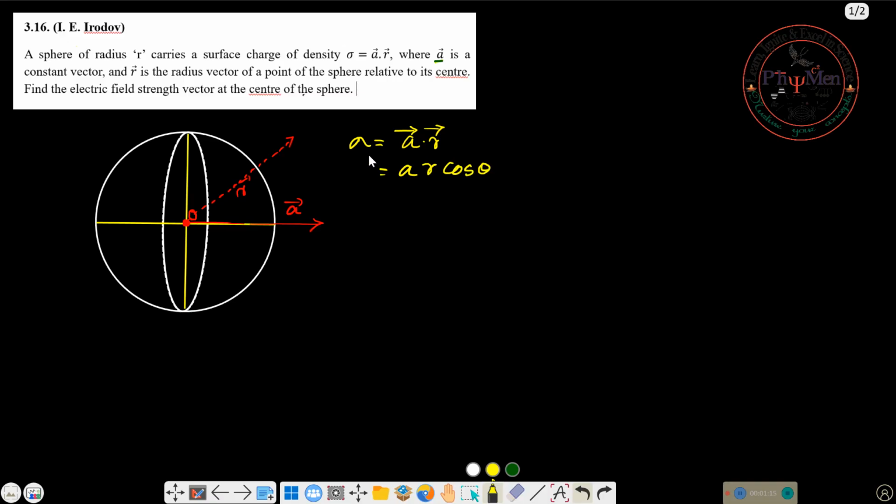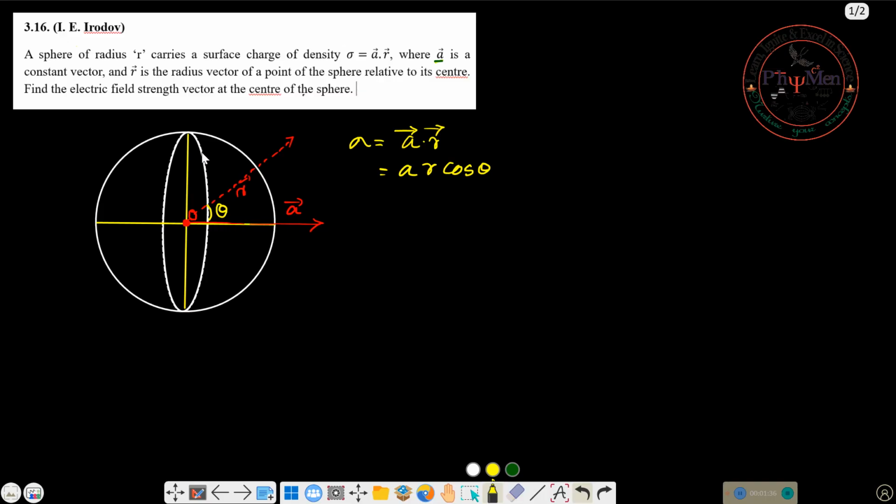So sigma, the surface density, gives a r cos theta. This theta is the angle between the a vector and the r vector.